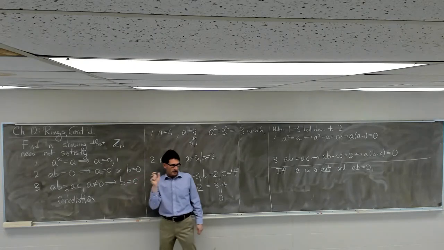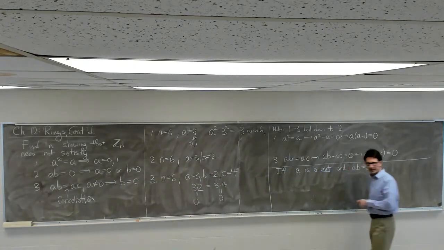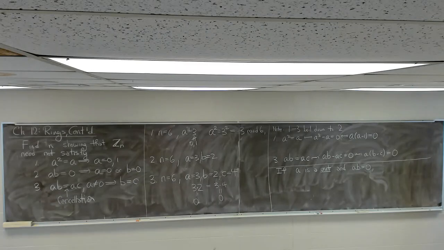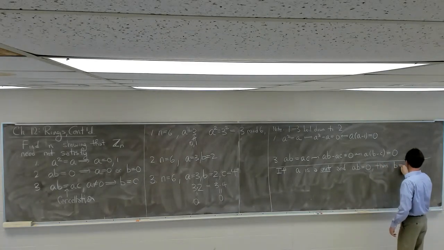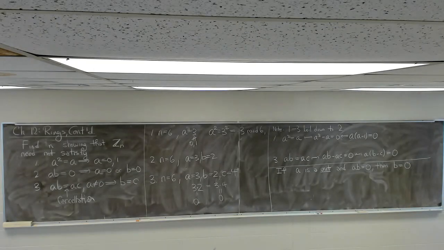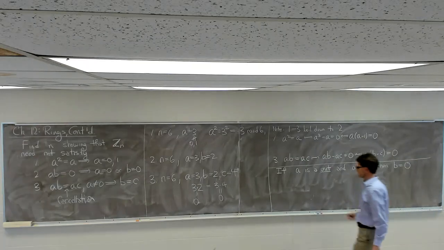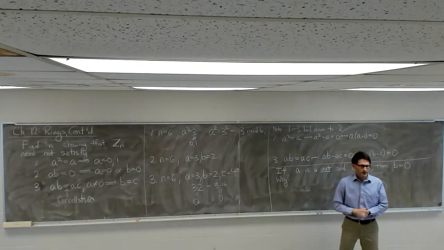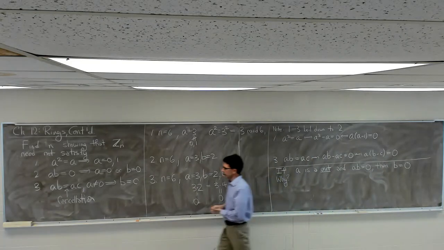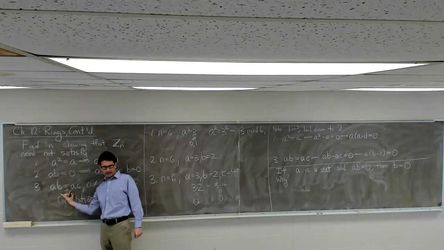So in other words, in that case, we can't have a product of two non-zero things giving 0. Okay. Why is that? Well, basically, if we have a unit, then we can cancel here, right? What does cancellation amount to doing?